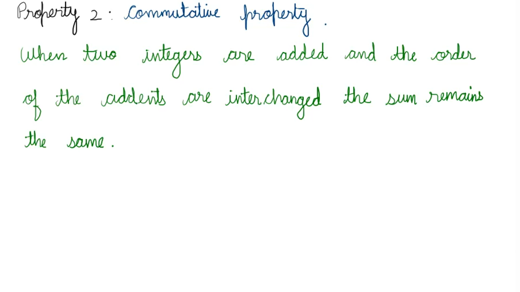The second property is the commutative property. The commutative property states that when two integers are added and the order of the addends is interchanged, the sum remains the same. In simple words, A plus B is equal to B plus A. We'll see this with an example where A is equal to 5 and B is equal to 3.